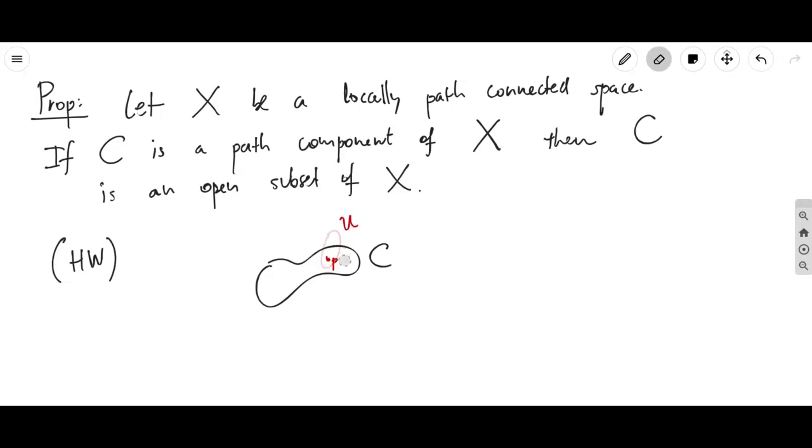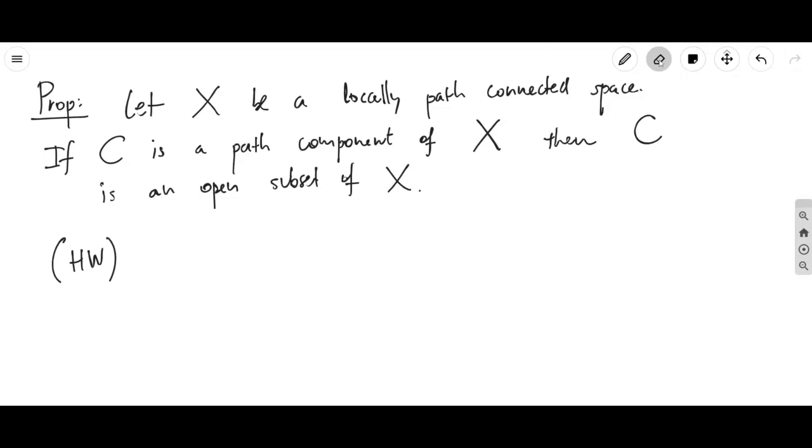So that's the reason why all open, well, not just open sets, but all path connected subsets must stay within C. They cannot go outside. And since X is locally path connected, there is a path connected open set that contains P, and in order to avoid contradicting maximality, it has to stay within C. And then from there you can argue that therefore C is open. So that's the basic idea of that. I leave the details up for you to try to figure out.